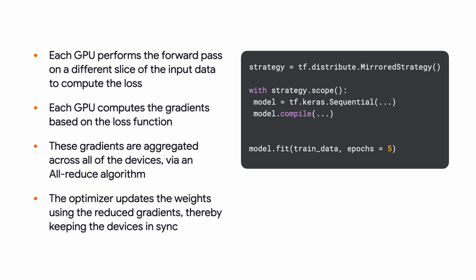Then, when we call model.fit, each GPU will perform the forward pass on a different slice of the input data to compute the loss. Each GPU computes the gradients based on the loss function. These gradients are aggregated across all of the devices via an all-reduce algorithm. The optimizer updates the weights using the reduced gradients, thereby keeping the devices in sync.